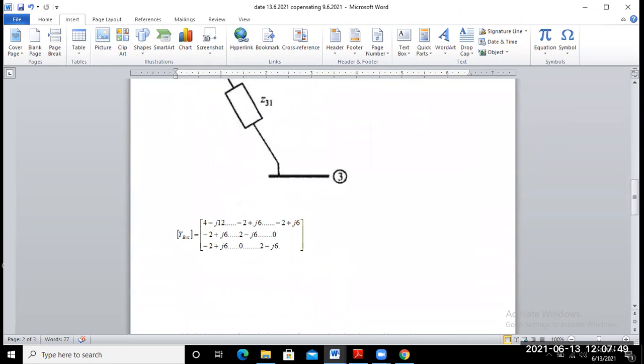Now we have already found the Y bus matrix without this regulating transformer and the connection of the transmission line between 2 and 3.